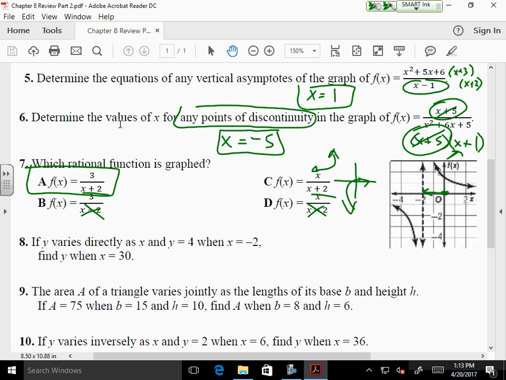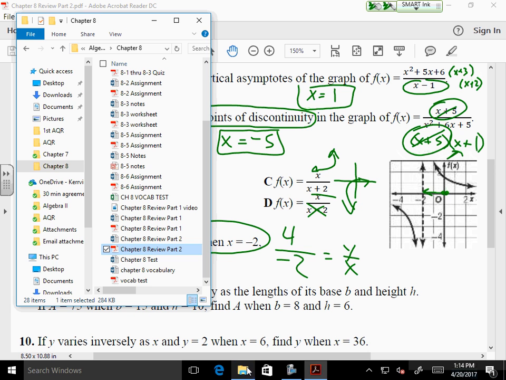Number 8, y varies directly as x. So y equals kx. So if k would be equal to y over x, then that's what you're going to set up. Y over x equals y over x. And we have 4 and -2, and we have unknown and 30.